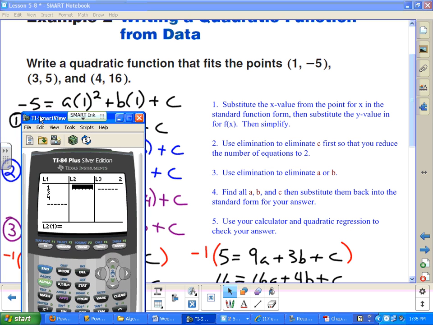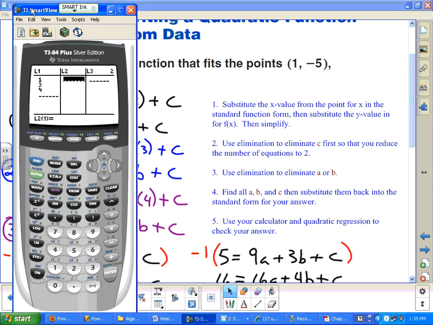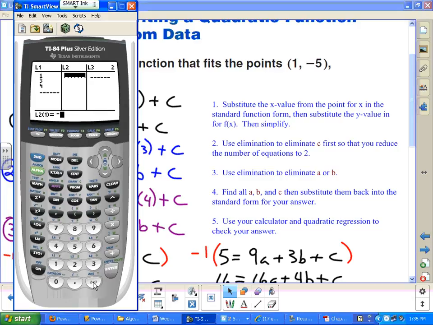And we're going to put the y values, -5, 5, and 16 in list 2. Stat and edit. Right there, the first one. Stat and edit's where your lists are.